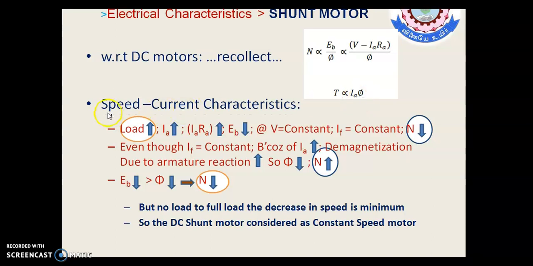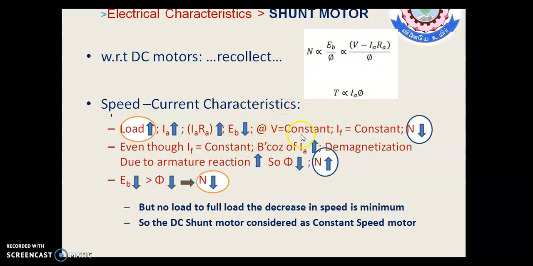Now the speed current characteristics: when the load of the DC shunt motor increases, the armature current IA increases, which increases the armature drop IA RA, which decreases the back EMF Eb. As IA RA increases, this numerator part decreases.